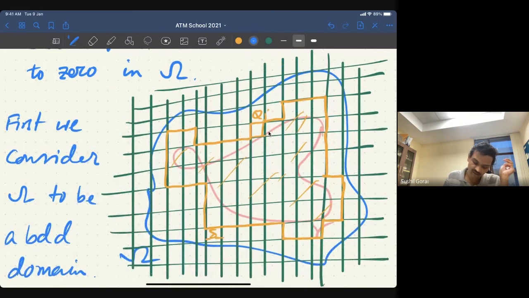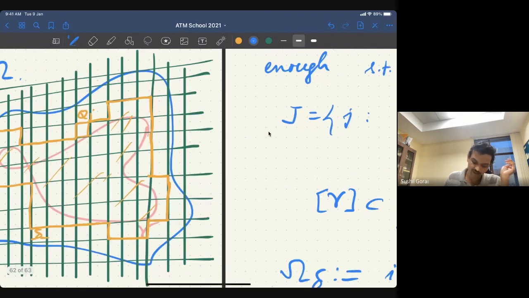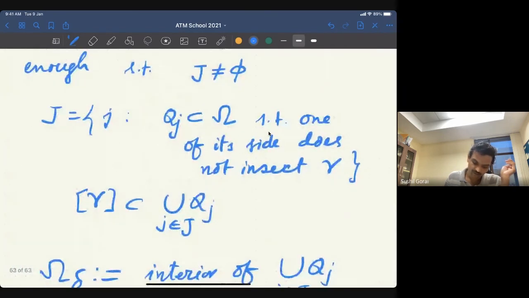Gamma can in fact be bigger near the boundary, so basically you have to consider all Qj lying in omega entirely.